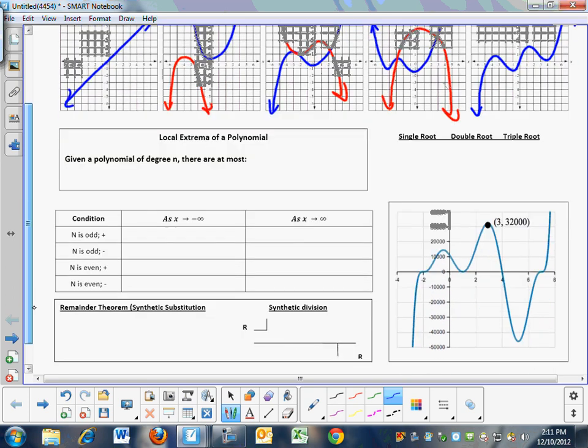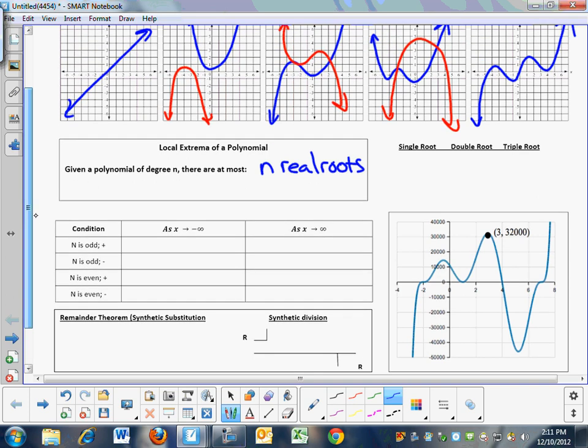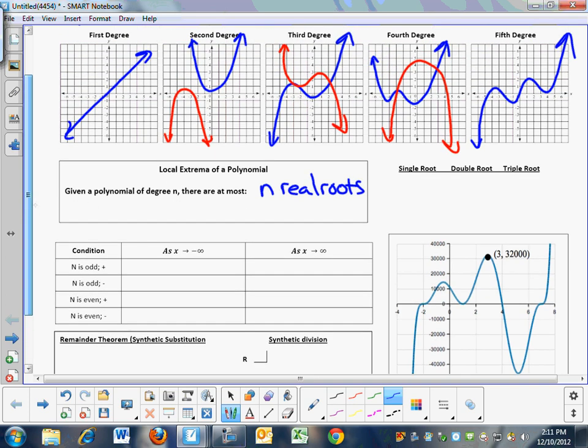Local extrema of a polynomial. Given a polynomial has degree of n, there are, at most, n real roots. And how many bumps does this one have?